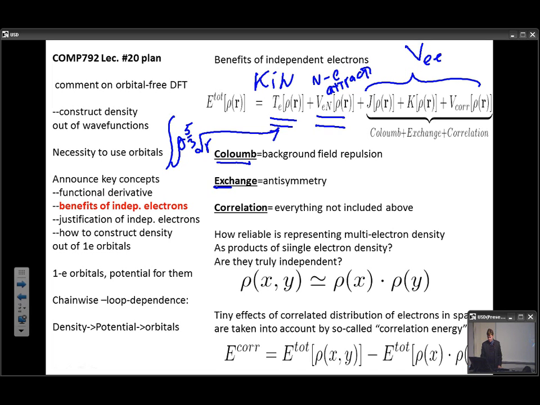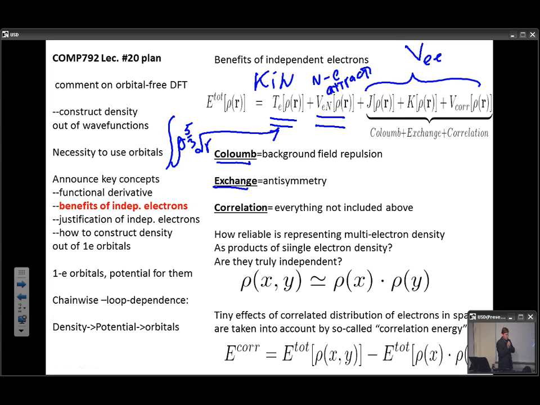There is an exchange term that corresponds to antisymmetry of the multi-electron wave function, and correct account for this exchange is a major step forward in Hartree-Fock theory. And there is an additional term that we are neglecting up to now.